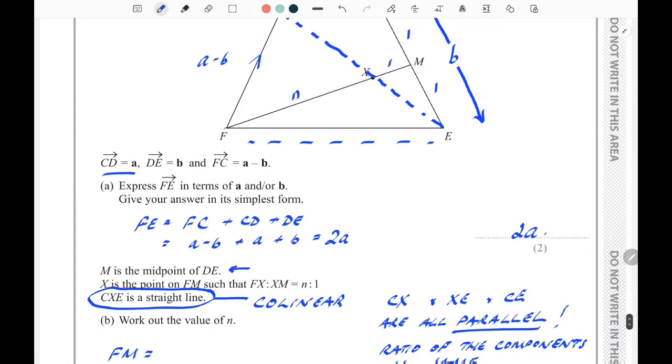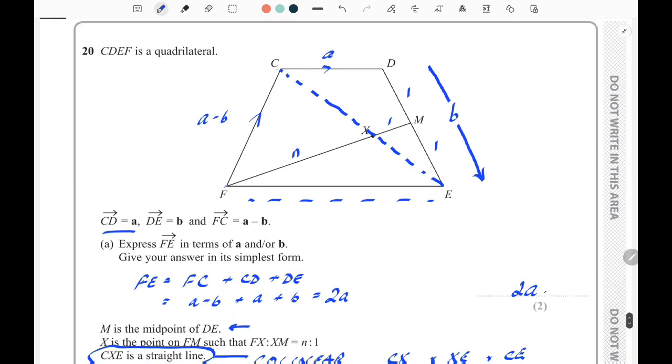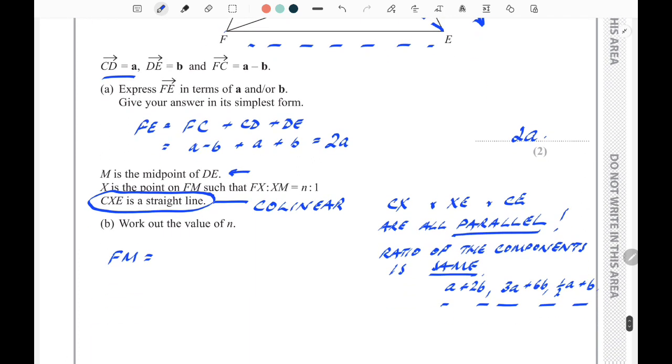FM, right, is basically going F to C, C to D, and then D to M, right, which is half of D to E, okay? So FC plus CD plus half D to E, all right? That bit is effectively DM, all right?